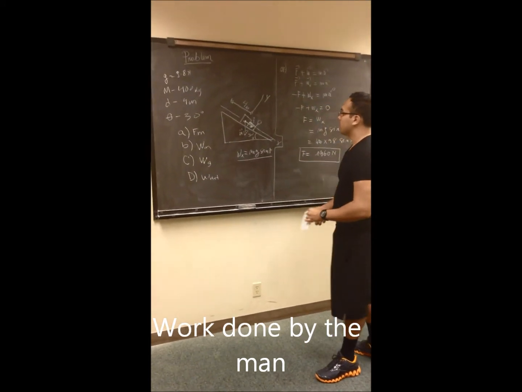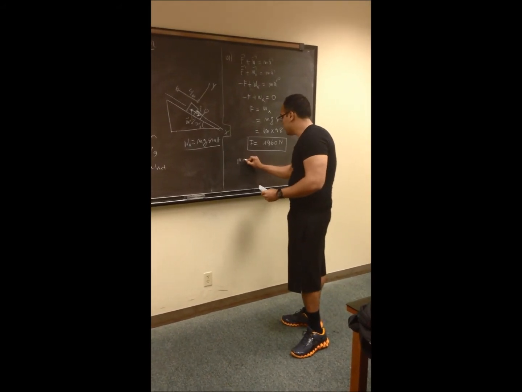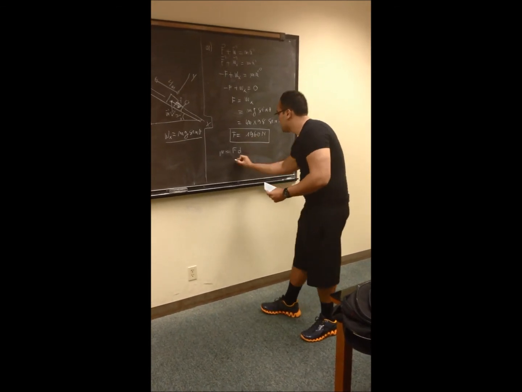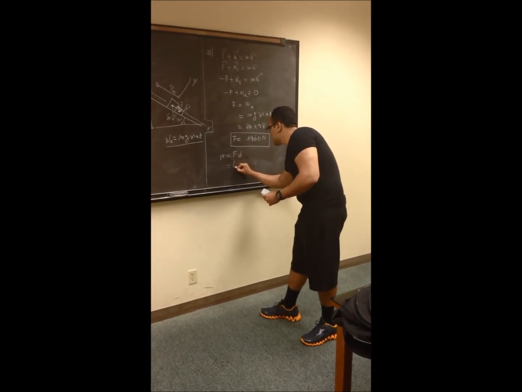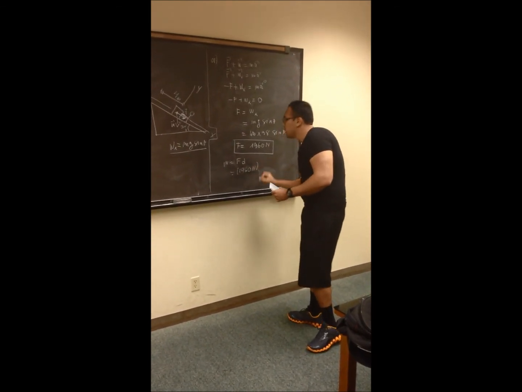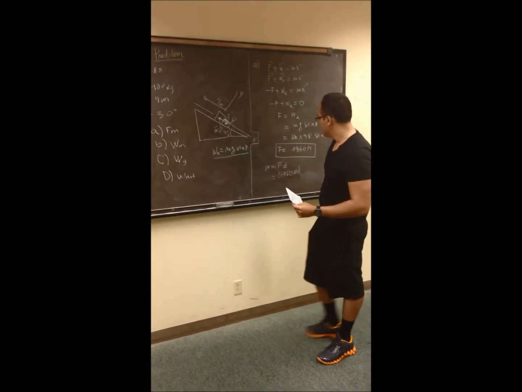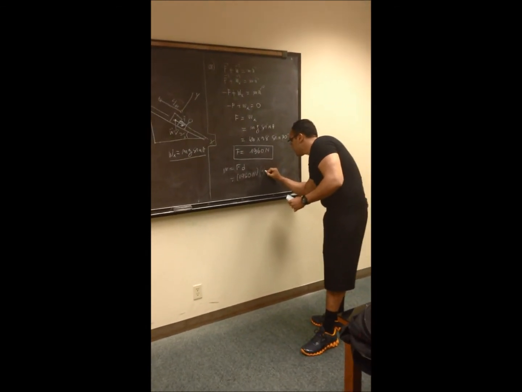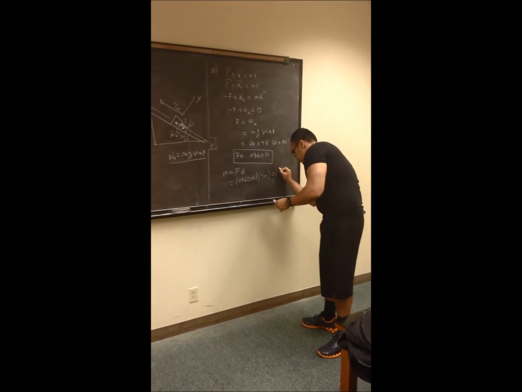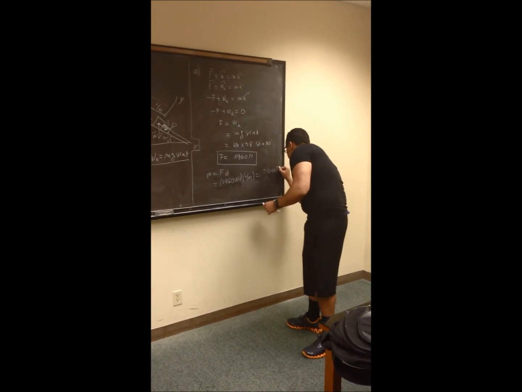Okay, now that we solved for force, we've got to figure out the work being done by the man. And we know that work equals the force times the distance. And knowing that the force we found out was 1960 newtons, and we know that the distance the piano traveled was 4 meters, it's going to be multiplied by the 4 meters, which we will get a total work of 7840 joules.